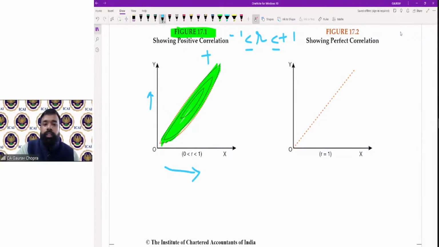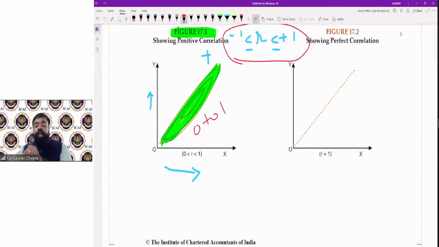So you have to understand that this is always the limit which will be followed. Now, this was the first figure which says correlation will be positive. So positive means the value will lie from 0 to 1.